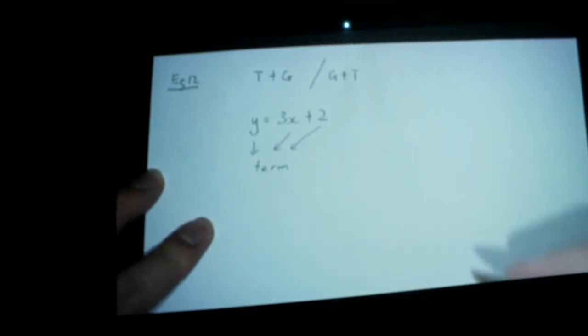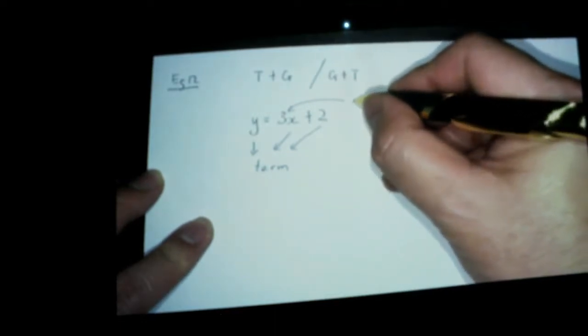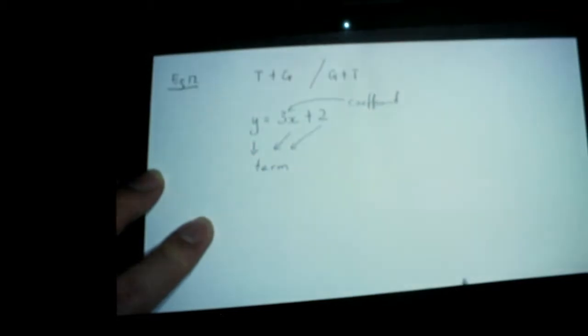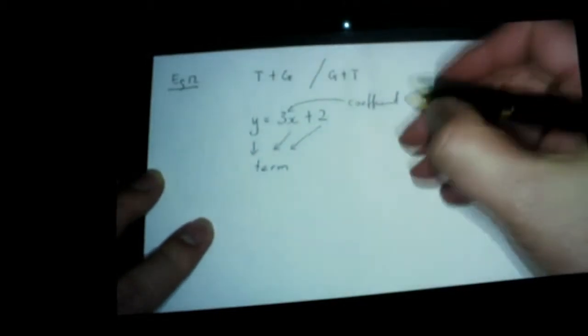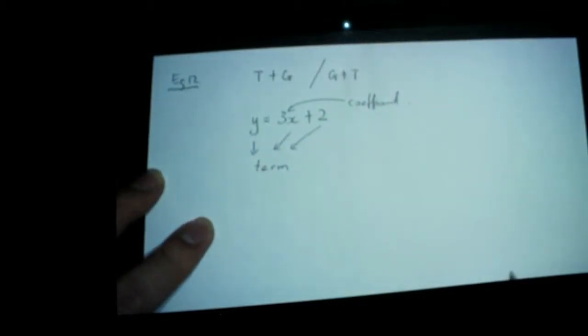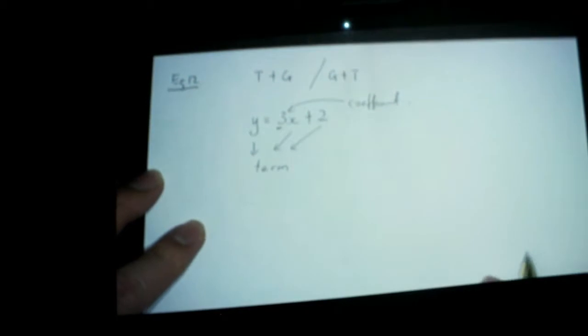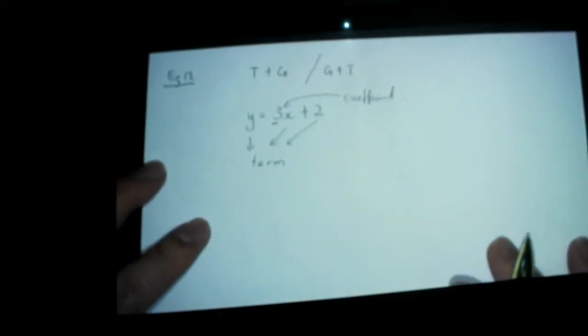And what we have here, the 3, is known as the coefficient. So bear in mind that this 3 is the coefficient of this term x. We will be using similar terms like this in the future. So moving on to example 13.